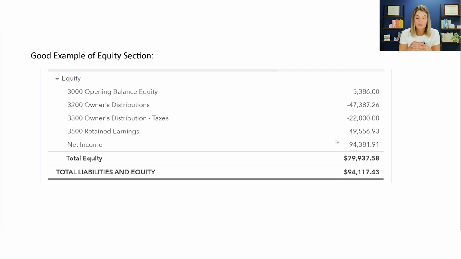So next we get down to retained earnings. Retained earnings here is a number that is kind of what's left over at the end of the day, the end of the year, and it will build cumulatively over time. What this number literally represents is the earnings of the business after distributions, after the owner has taken what they need, what is retained in the business.